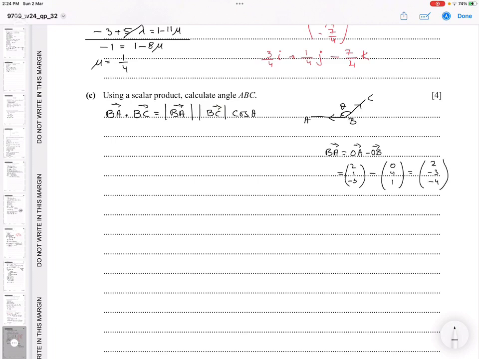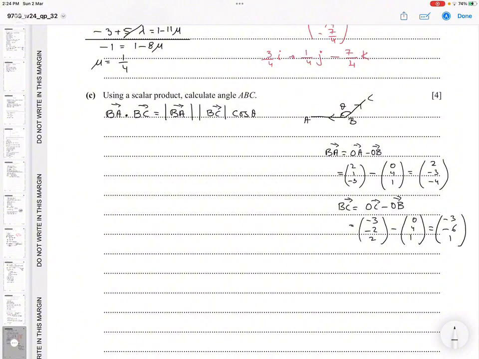This is your BA. And likewise, find out BC also. So it is OC minus OB. OC is minus 3, minus 2, 2. And OB is 0, 4, 1. This gives us minus 3, minus 6, and 1.